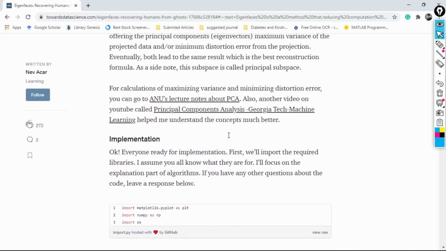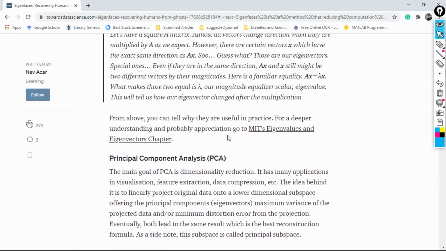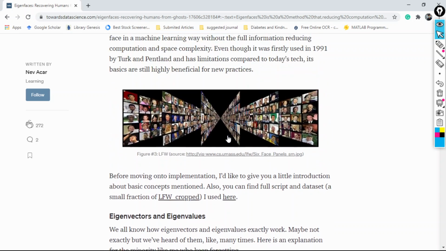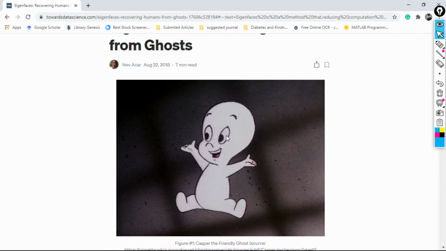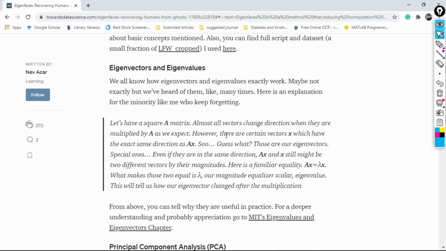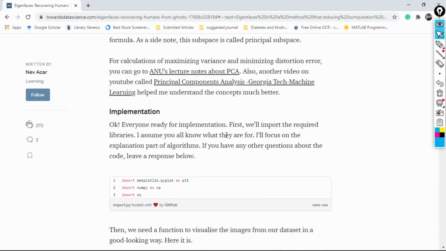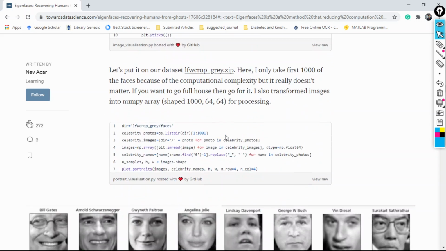Somewhere they have given the link for how they collected this data. Yes, right, these are the data. Download this GIF file. I think they have only taken the first 1000 images.